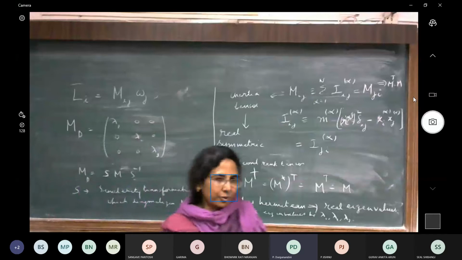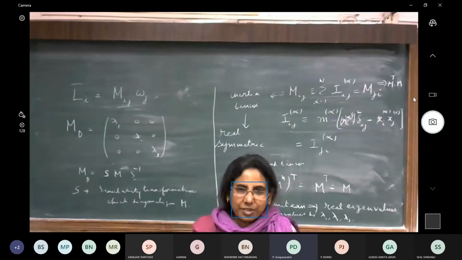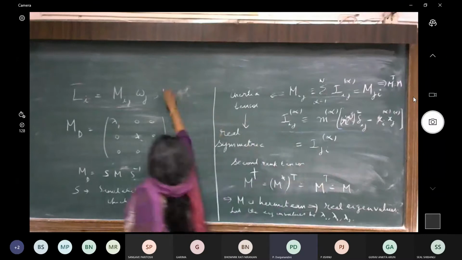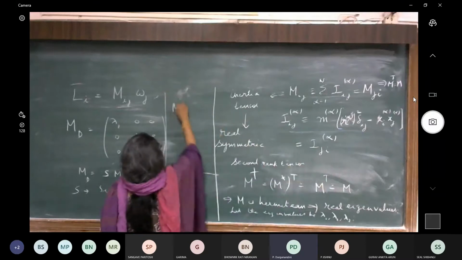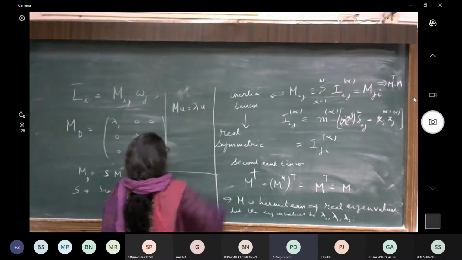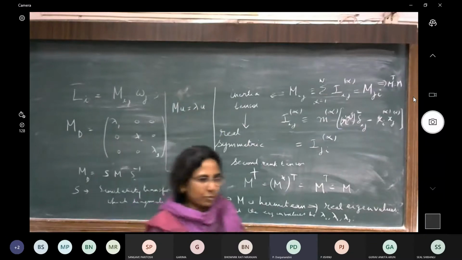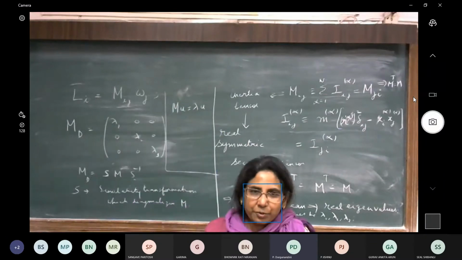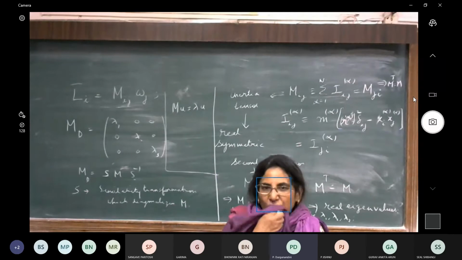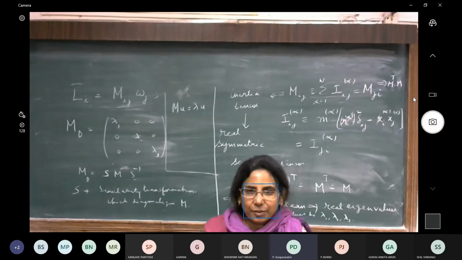Now, when you do this diagonalization procedure, or when you do the eigenvalue problem, you solve it like this, right? You write M n equal to lambda n, and these are your eigenvectors, the corresponding eigenvectors. So now, have I given you a hint about how to find out this S, the transformation matrix which is going to diagonalize your M?